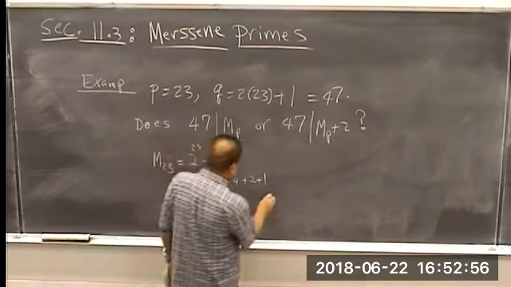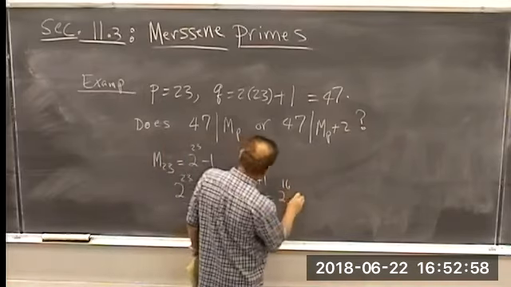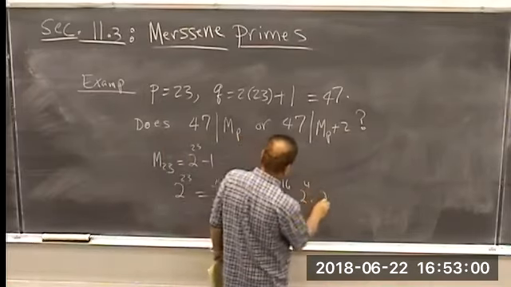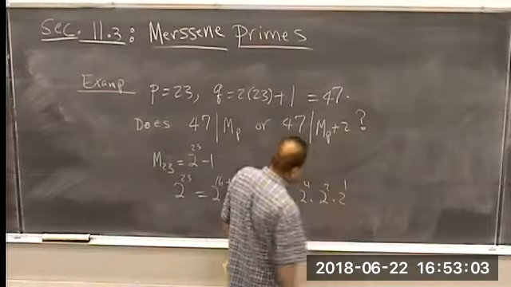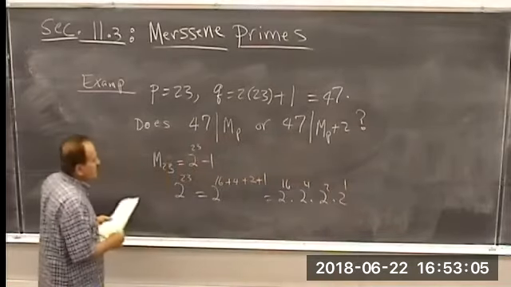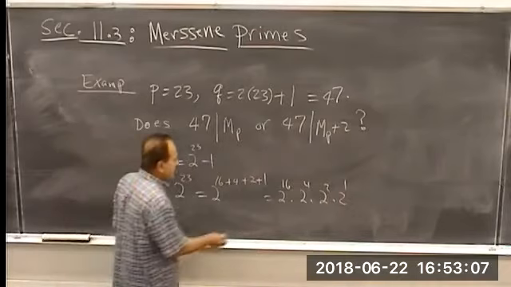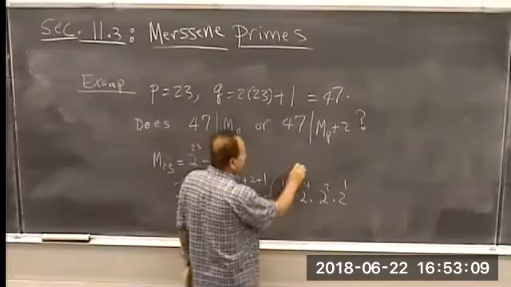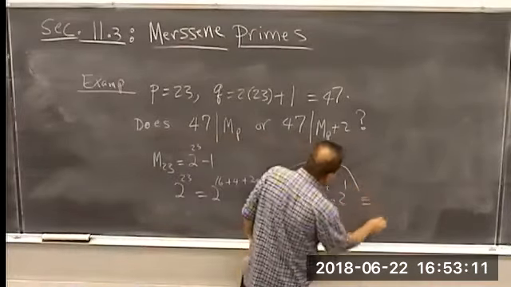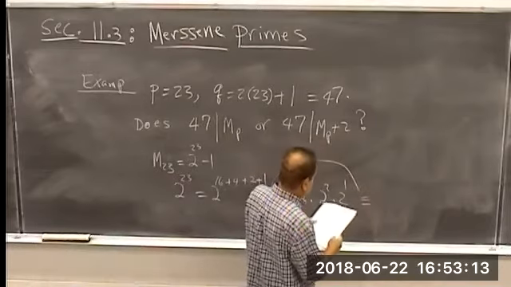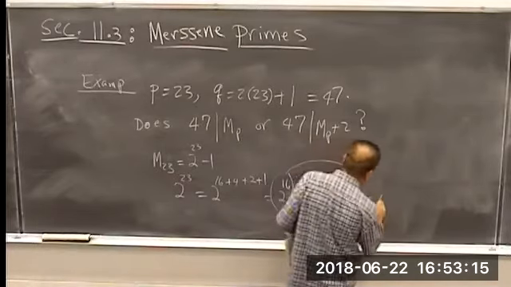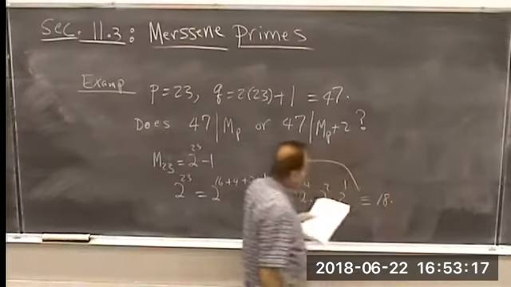And we can use fast exponentiation to calculate each one of these. If you do, you're going to see that 2 to the 16 is congruent to 18 mod 47.